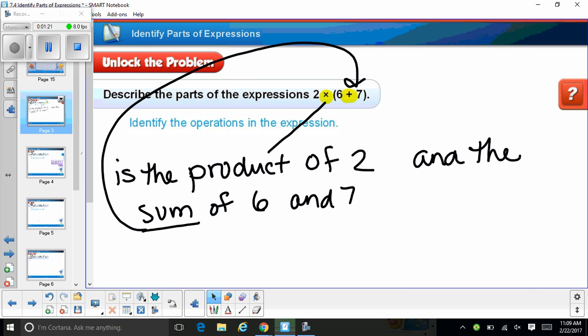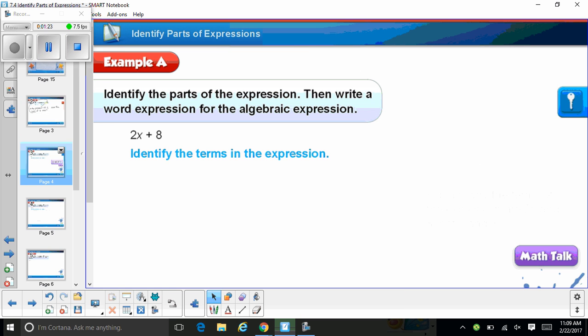Let's take a look at another type of expression. In this case, I have an algebraic expression because I see that I have a letter attached to one of my numbers. And so in this case, it's 2 times x plus 8. And so I see that I'm going to have to be adding, but I also have to be multiplying because I have that variable attached to 2.